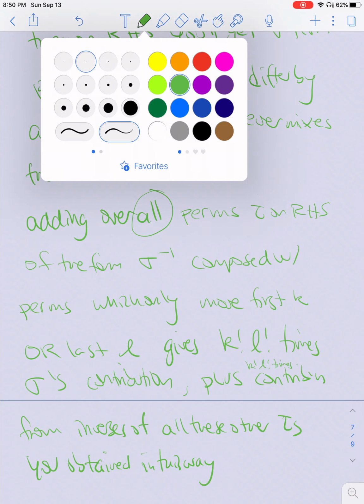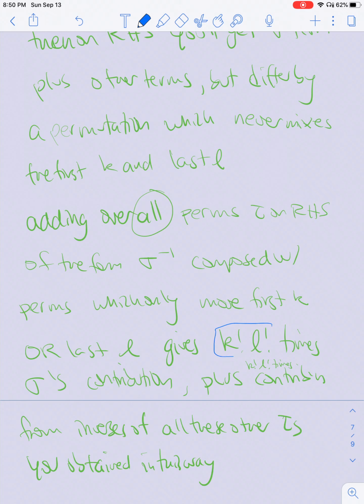So why is it k factorial L factorial? Because there's k factorial permutations that just move the first k, L factorial that just move the last L, and then you multiply them to get all of them that don't mix.